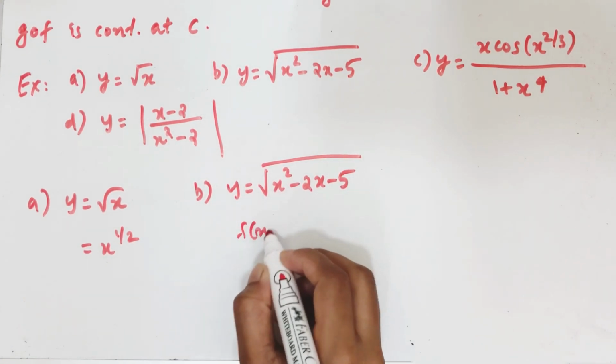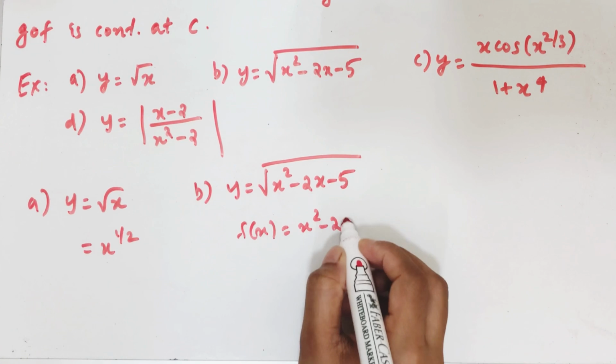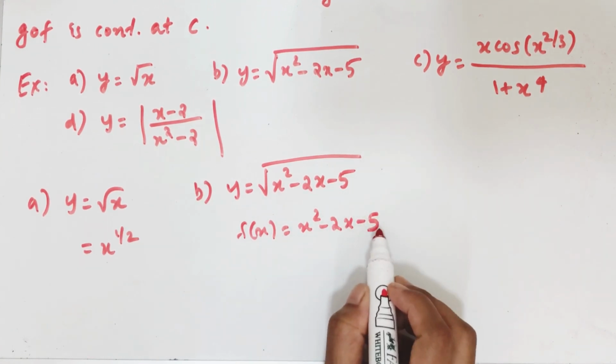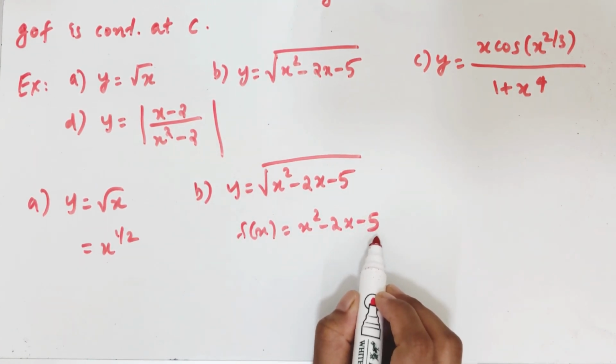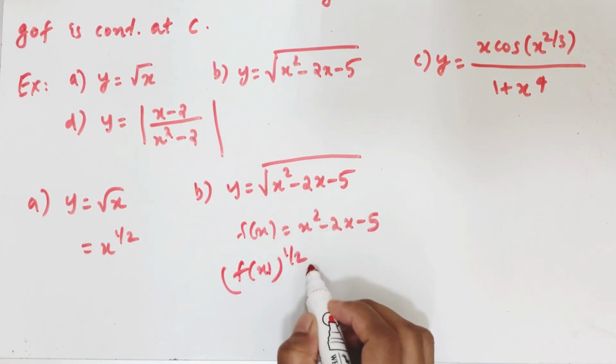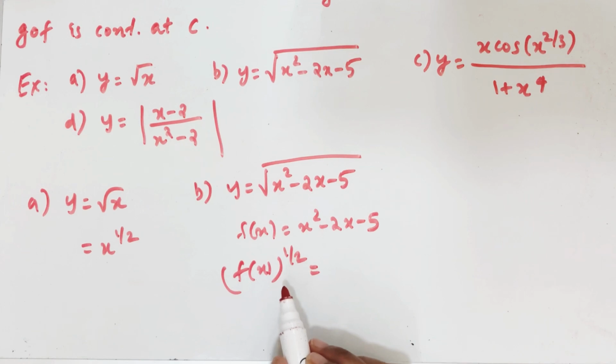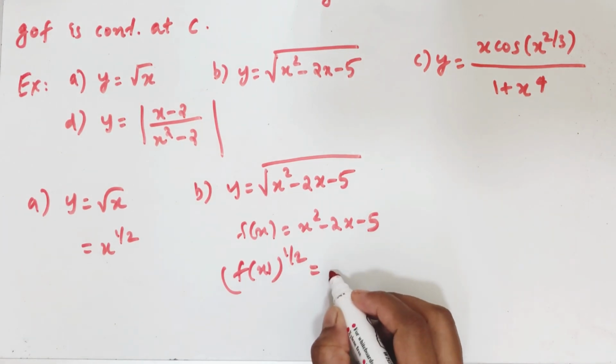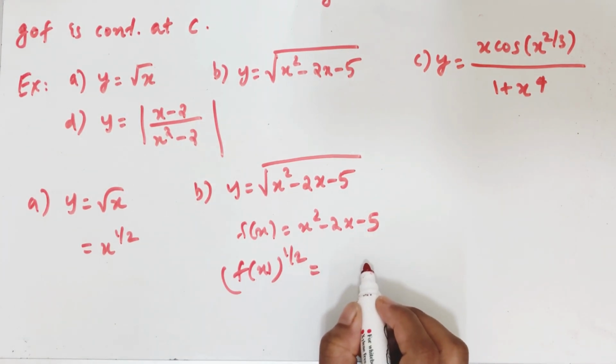Take f of x is equal to x square minus 2x minus 5. Clearly, this is a polynomial function which is continuous. Therefore, f of x raised to 1 by 2, that is, a rational power of a continuous function, is also continuous.